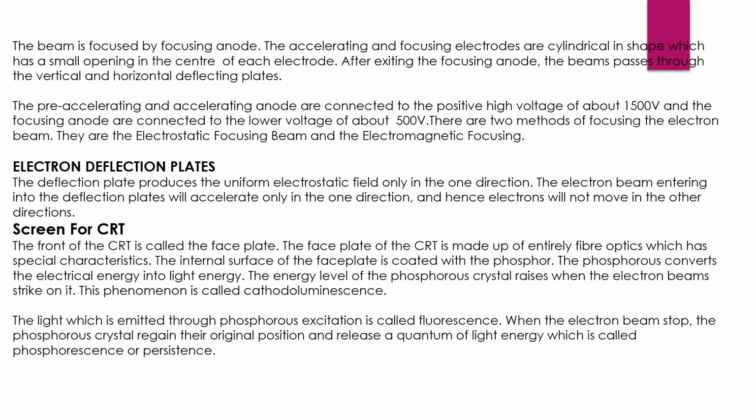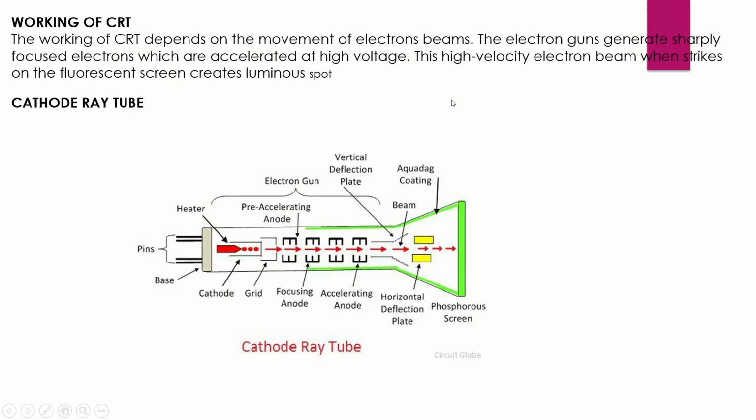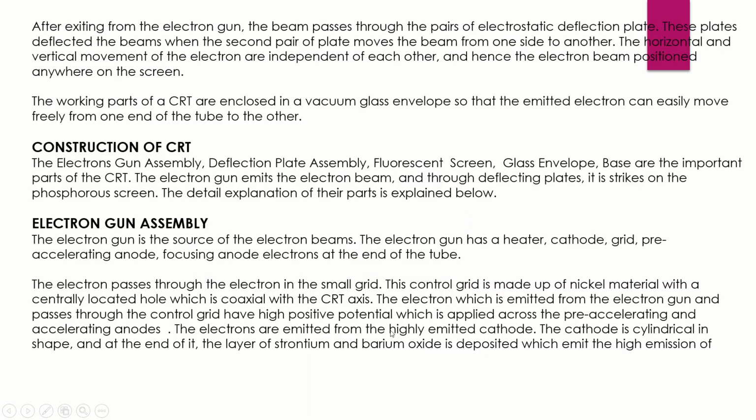The next part of the CRT is the electron deflection plate. These are the deflection plates, a vertical deflection plate and a horizontal deflection plate.